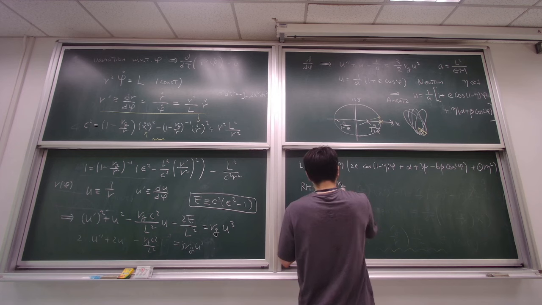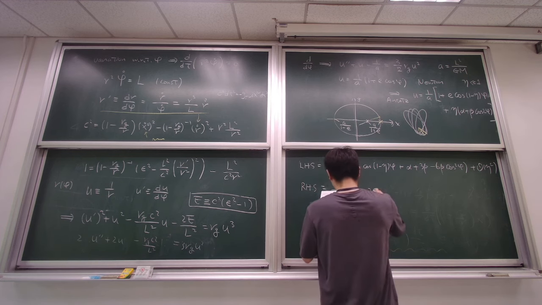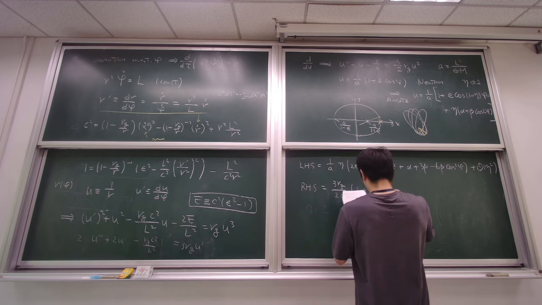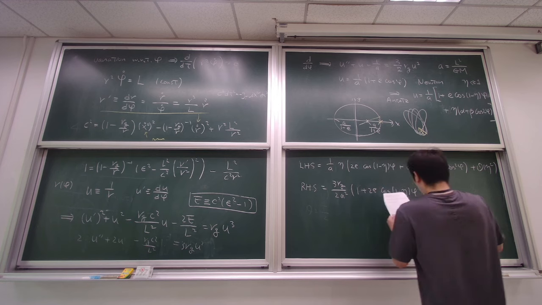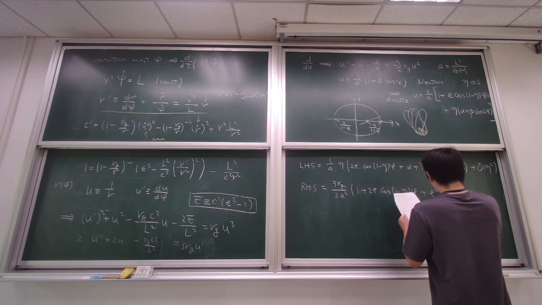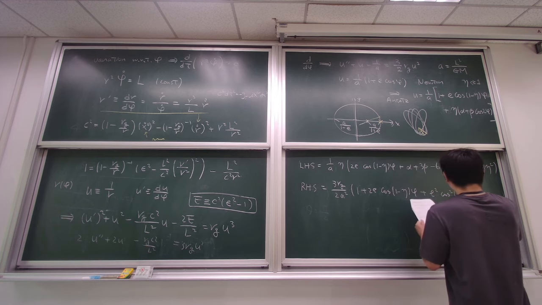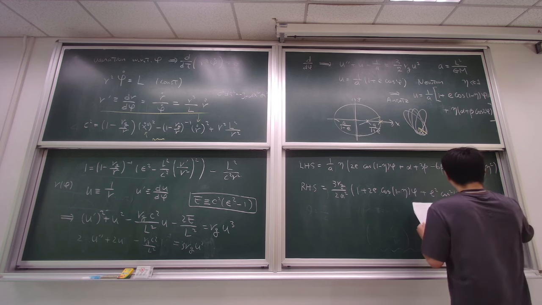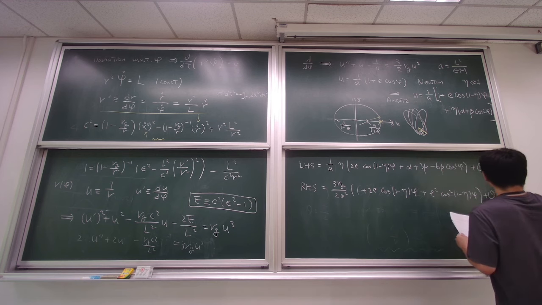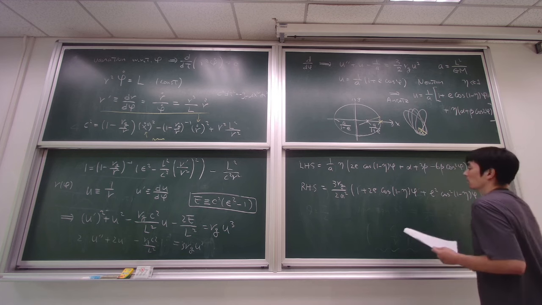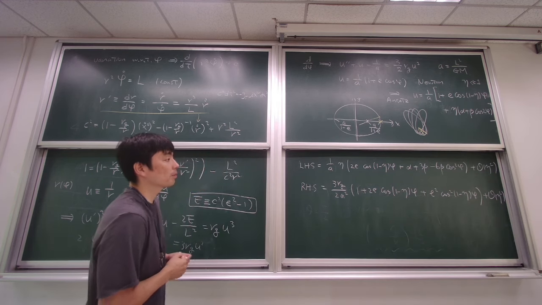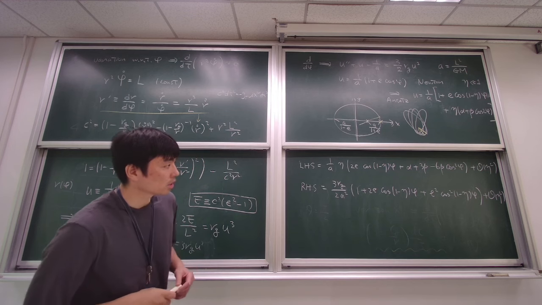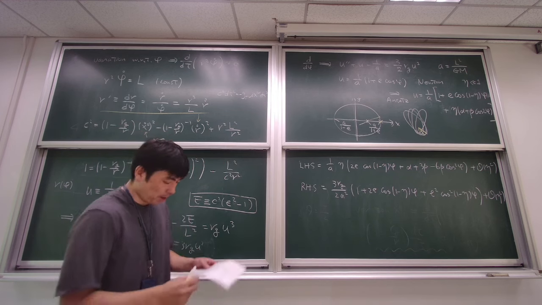3rg divided by 2a squared times 1 plus 2e cos((1 - eta) phi), and then plus e squared cos squared((1 - eta) phi), plus order eta squared. Okay, so that's what you get. And compare between these two.